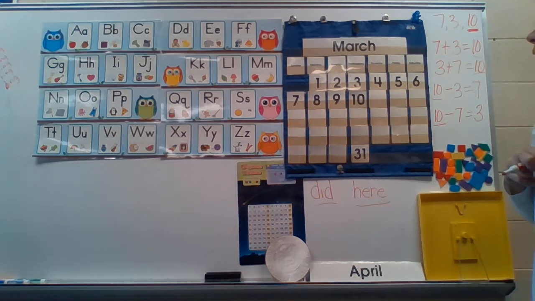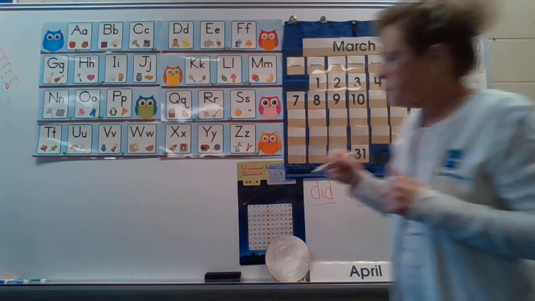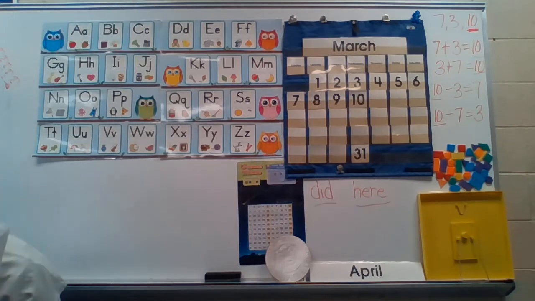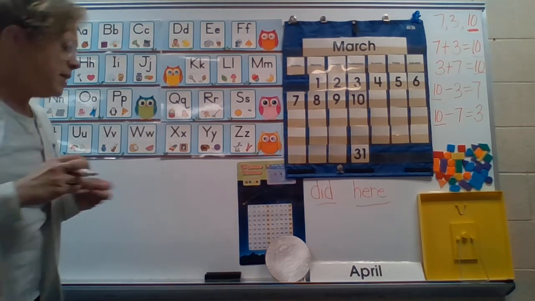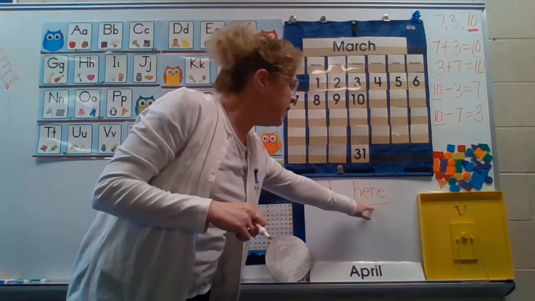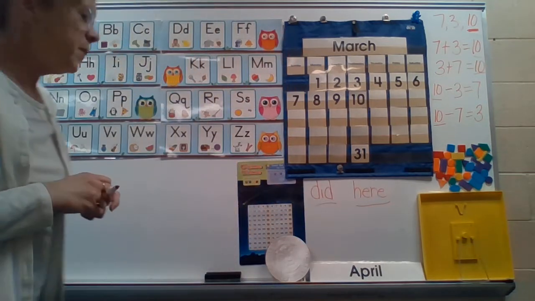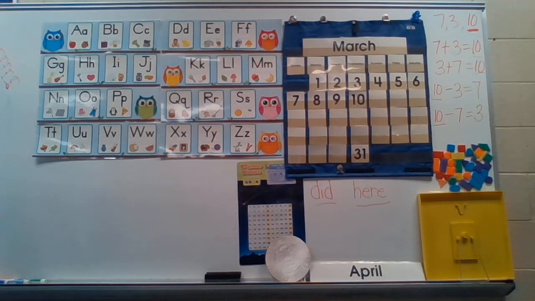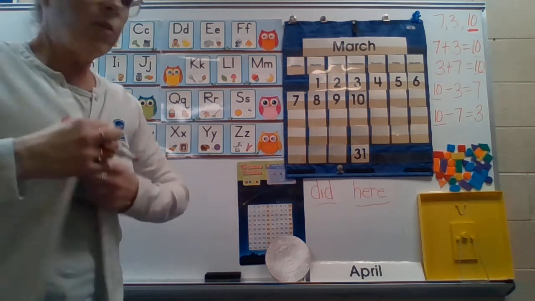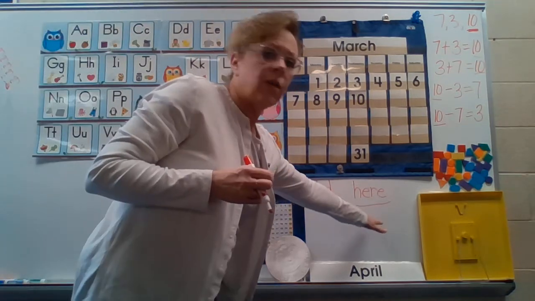All right. So we have 2 new word family words, did and hear, this week. And I think I'm going to write 3 sentences today, and I'm going to try to use my sight words.